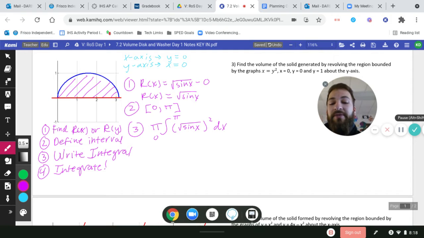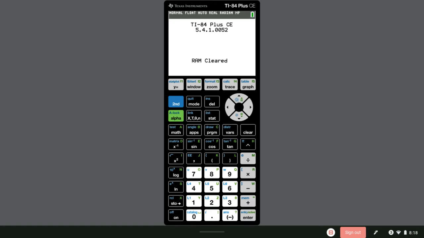But you can also do this in the calculator. So if we did it in the calculator, I would just type it straight in.